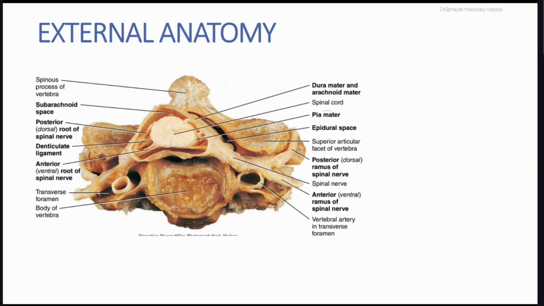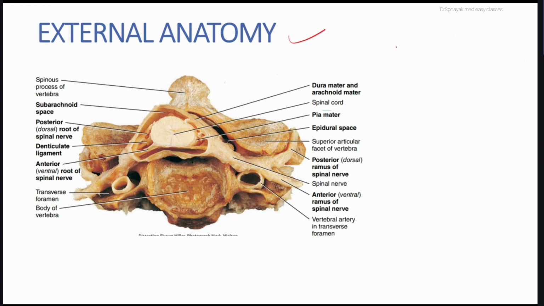Now, this was the superficial idea of what exactly is a spinal cord and how is it protected. Let's learn in detail about the anatomy. So firstly, let's learn about external anatomy. That is, if we view the spinal cord externally, how will it look?